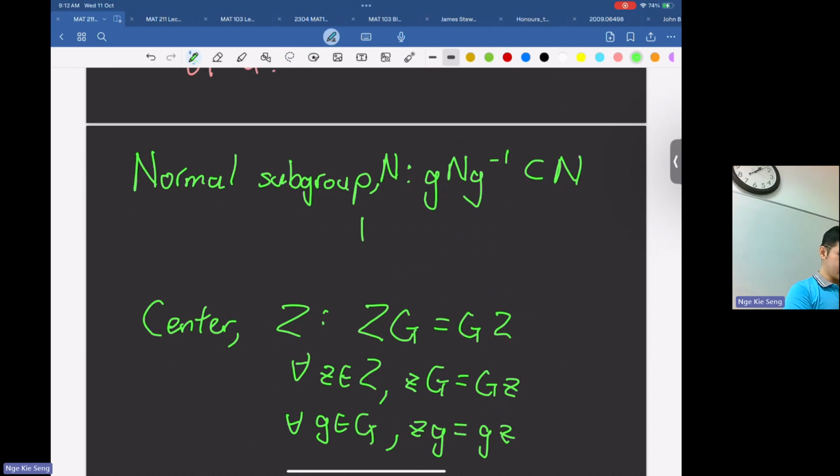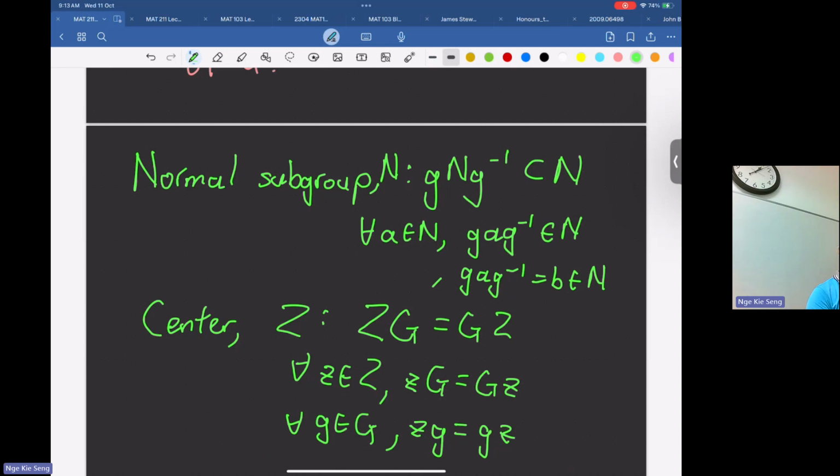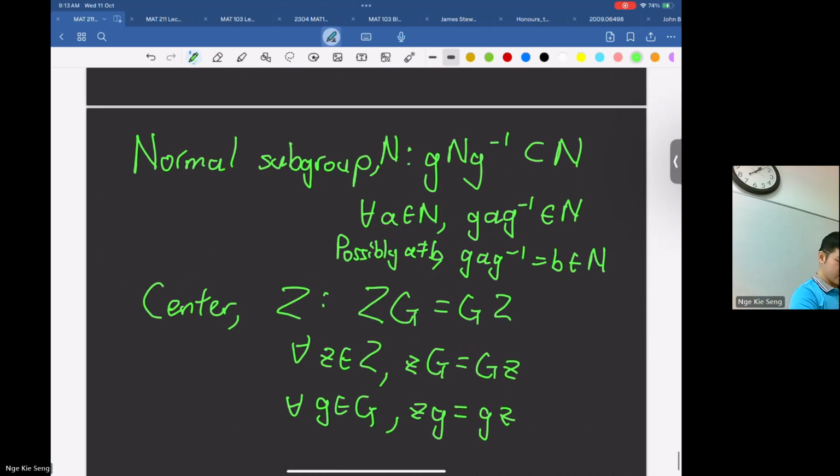But what happened in normal subgroup? Normal subgroup says for every a in N, gag inverse is in N. So it's in N, but we don't know what it equals to in N. It can be equal to a, or can be equal to something else in N, say b, where possibly a not equals to b.